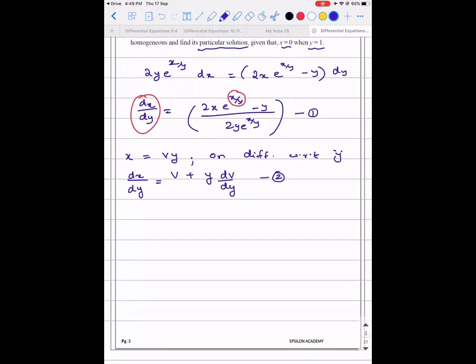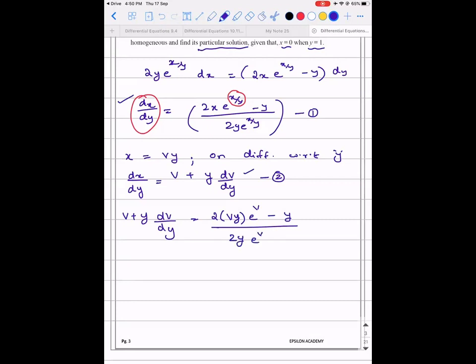So using 2 and 1, what do we get? v plus y into dv by dy, that is I replace dx by dy with this thing, will be equal to 2 into, in the place of x, what can we write? vy into e power v minus y, leave it as it is, divided by 2y into e power v.